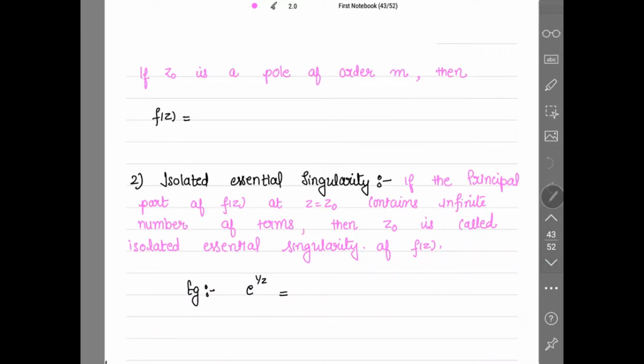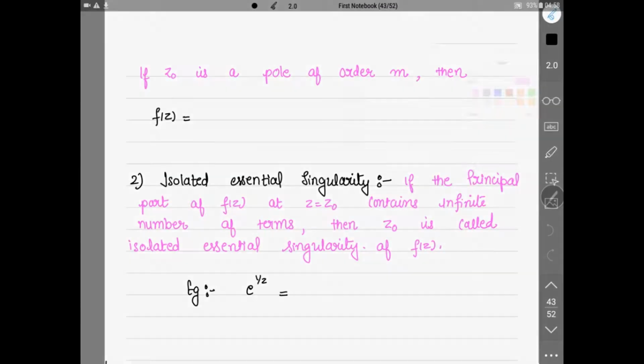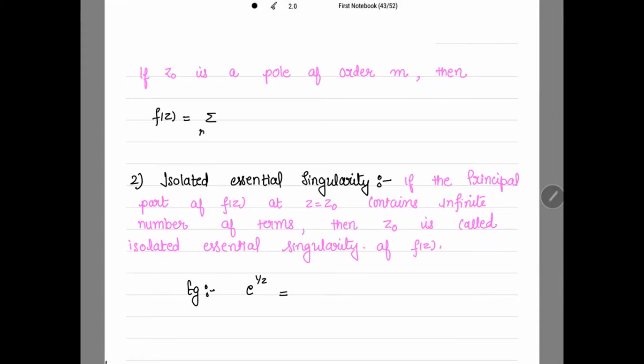Now if z0 is a pole of order m, then I'm giving you an example for this. Suppose this is your function: f(z) equals summation n equal to 0 to infinity a_n (z minus z0) to the power n. This is your regular part, but in the principal part we must have a finite number of terms.